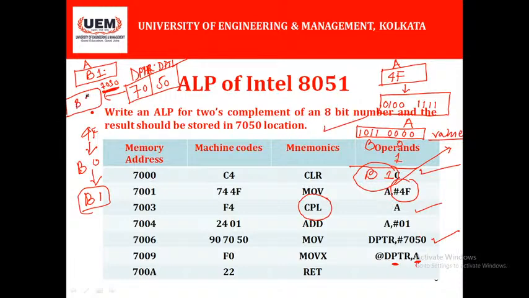So B1 is now going to be transmitted here. After that we have nothing to do, so we end this with the help of the RET instruction. RET stands for return instruction, which will return our control back to the starting point. Now CLR C means clear carry.